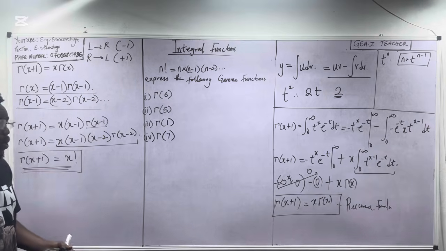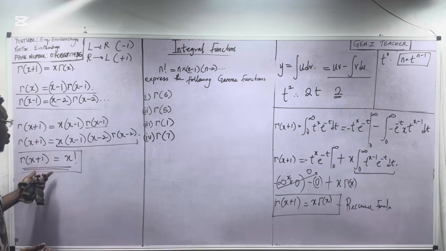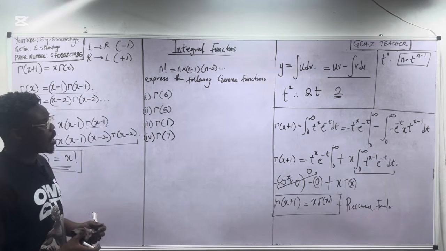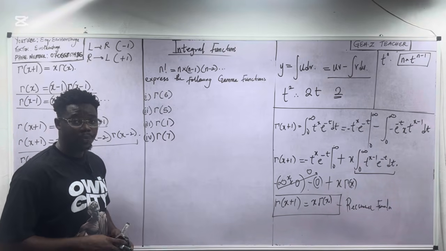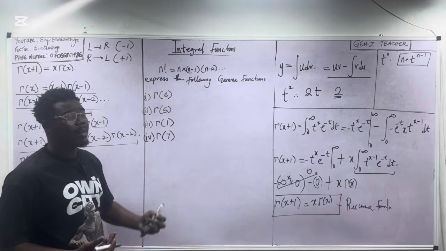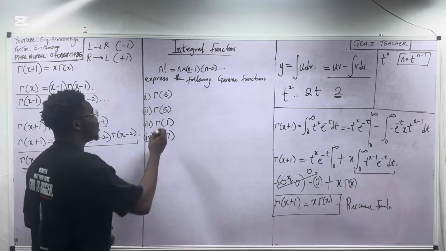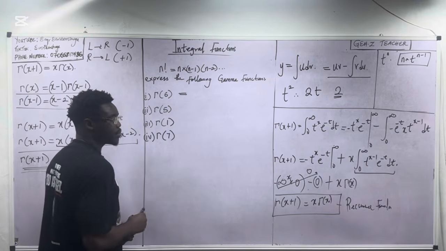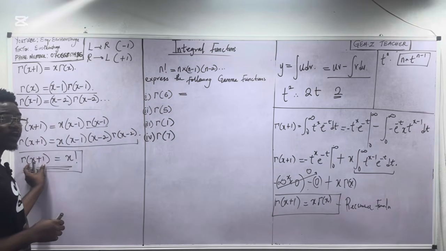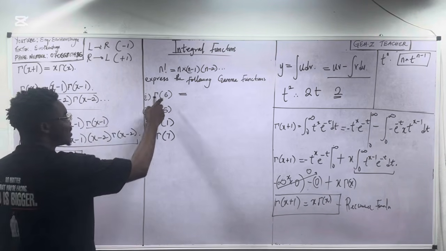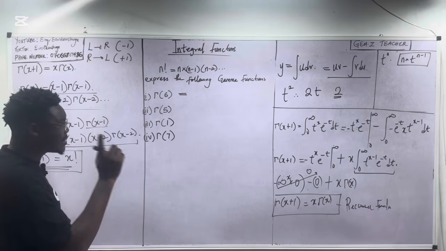Now we've seen how to relate this gamma of x plus 1 to factorial. Now let's attempt the following simple examples on the board. It says express the following gamma function. Okay, so the first one says the gamma of 6. Remember, gamma of 6 means that x plus 1 is equal to 6. It doesn't mean that x equals 6.